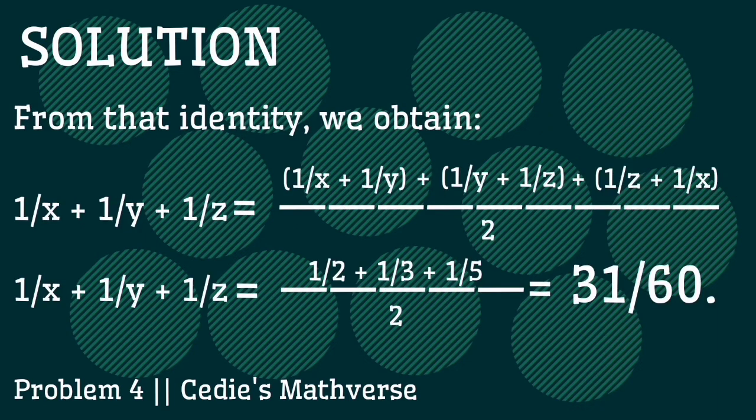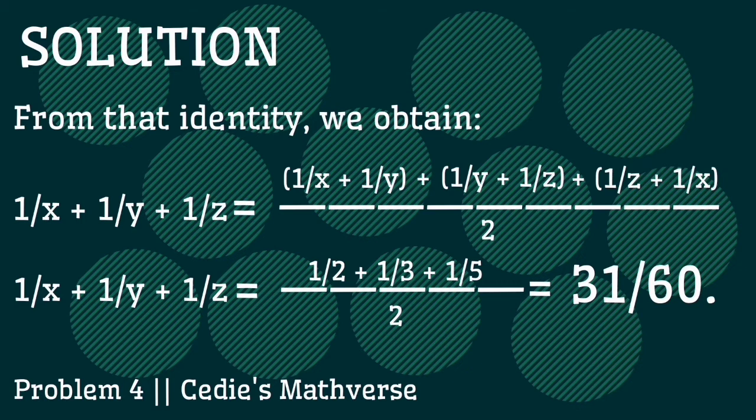From that identity, we obtain the quantity 1 over x plus 1 over y plus 1 over z is equal to the quantity 1 over x plus 1 over y plus the quantity 1 over y plus 1 over z plus the quantity 1 over z plus 1 over x, all over 2.